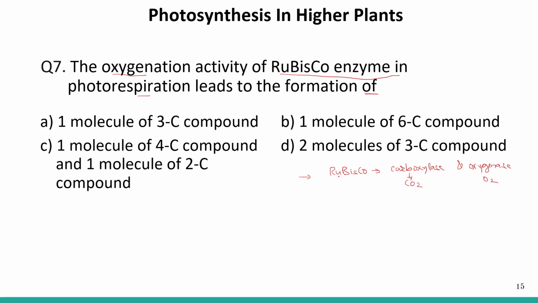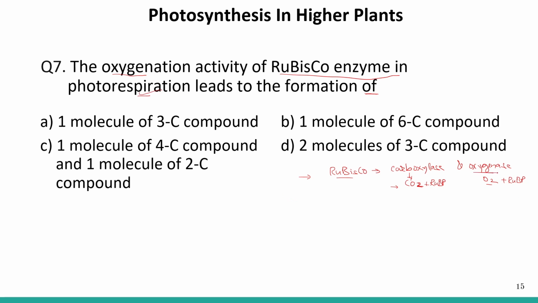Or you can say Rubisco can catalyze the assembly of carbon dioxide with RuBP, and the assembly of oxygen with RuBP as well. Ribulose 1,5-bisphosphate. Now they're talking about photorespiration.